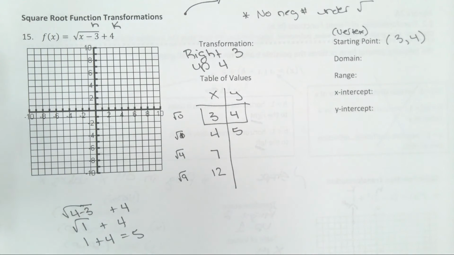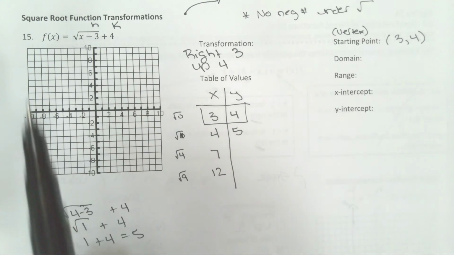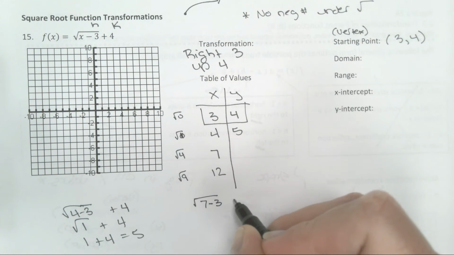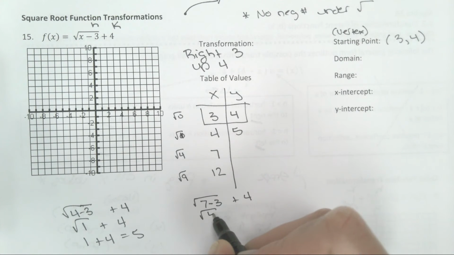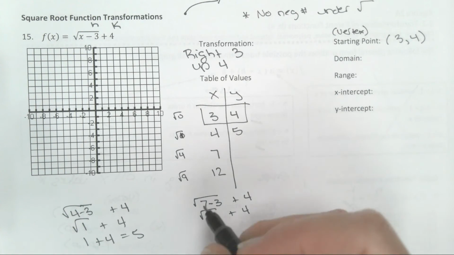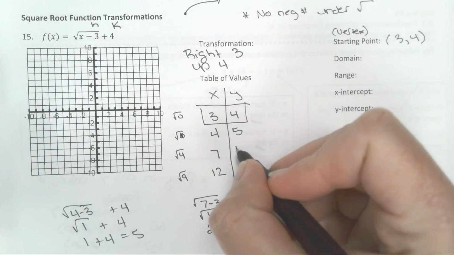So that y value is 5. Now I'm going to plug 7 in for x. The square root of 7 minus 3 plus 4. 7 minus 3 is 4. You have to remember to take the square root before you add it. The square root of 4 is 2, and 2 plus 4 equals 6.